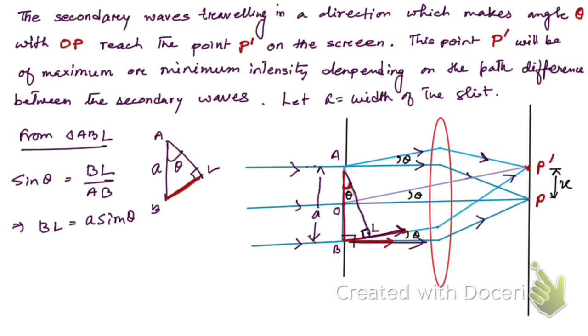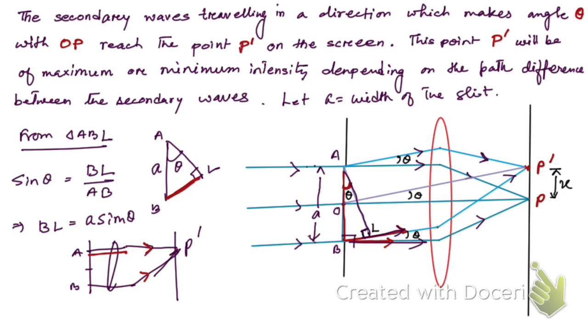Now you see, if two waves are focused at this point P dash, okay, now they are coming from these 2 points, suppose A and B. Here though we have drawn two waves, actually not only two waves, a large number of waves are focused at the point.